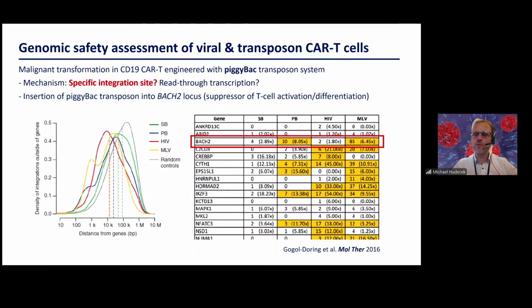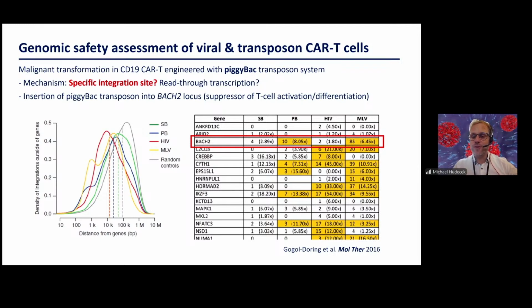So two principal mechanisms can lead to malignant transformation. One is insertion into a specific gene locus that releases the brakes on T cells and thereby increases their activation. And this must have been the case, apparently, in the piggyBac transposon malignant transformations, where in both cases there was insertion of the transposon into the BACH2 locus, a known T cell suppressor.